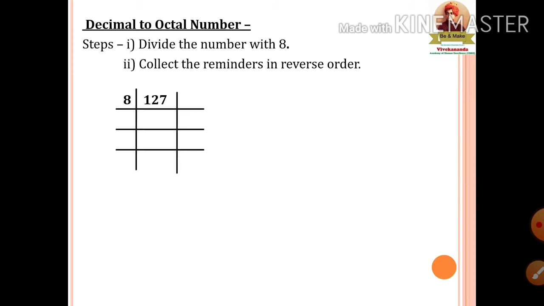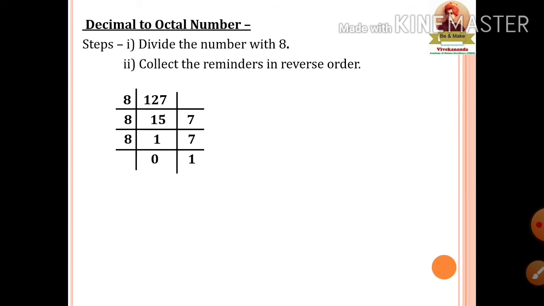By dividing 127 by 8, we get 15 as our quotient and 7 as our remainder. Again we divide 15 by 8, and we get the quotient 1 and the remainder 7.